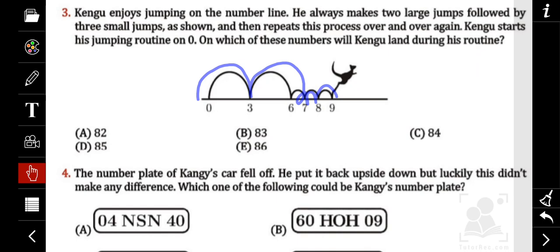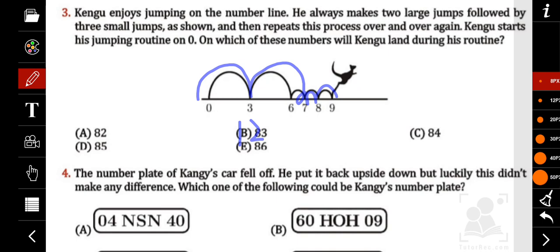Okay, let's see. We can solve this problem as the pattern has been given to us. After this 9, obviously Kangaroo would be jumping 3 more, continuing to 12, and then jumping 3 more, which is 15, and then 16, 17, 18.